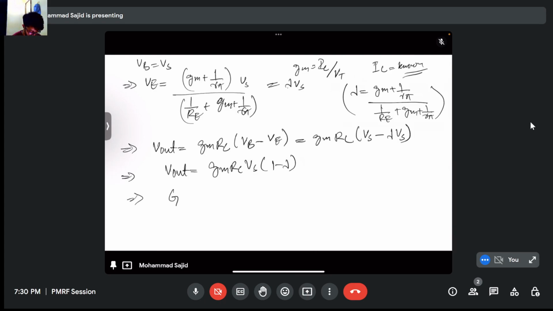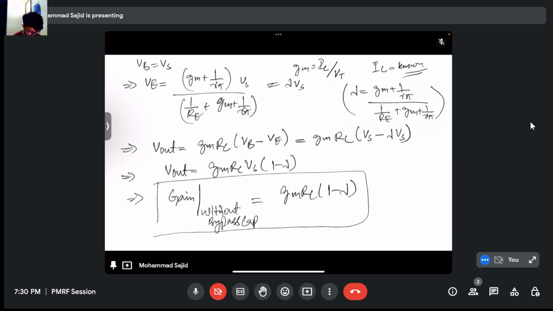Therefore my gain without bypass cap will be simply equal to GM times RC times 1 minus lambda. And here lambda is given to us. Here GM is known to us. R pi will be given by, what is the formula for R pi?